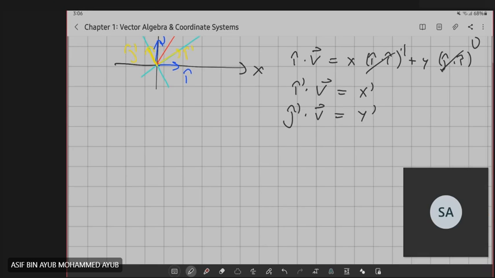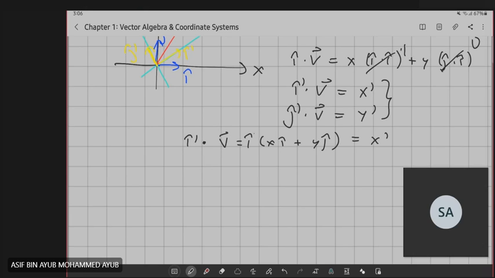Now suppose I take v to be x i plus y j. And I know from these equations that if I dot i prime with v, I'll get x prime.